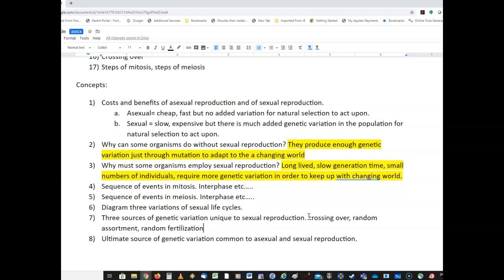So which one of those, each quite unique spermatozoa, fertilizes that egg is another source of genetic variation. And the idea here is that the same combination is extraordinarily unlikely to occur twice. What's the ultimate source of genetic variation common to asexual and sexual reproduction? Mutation.